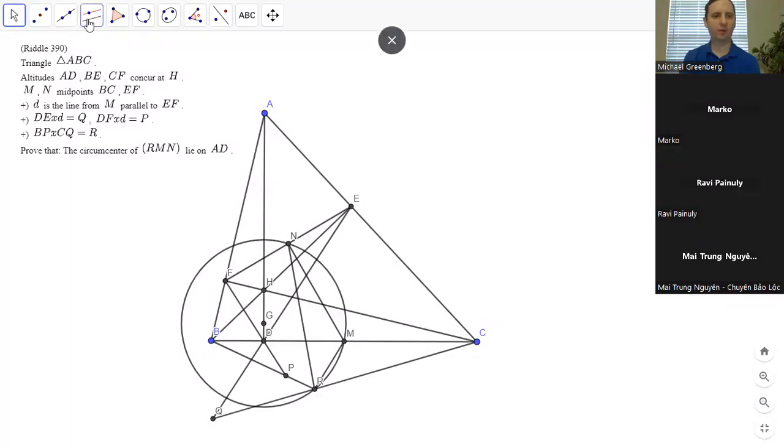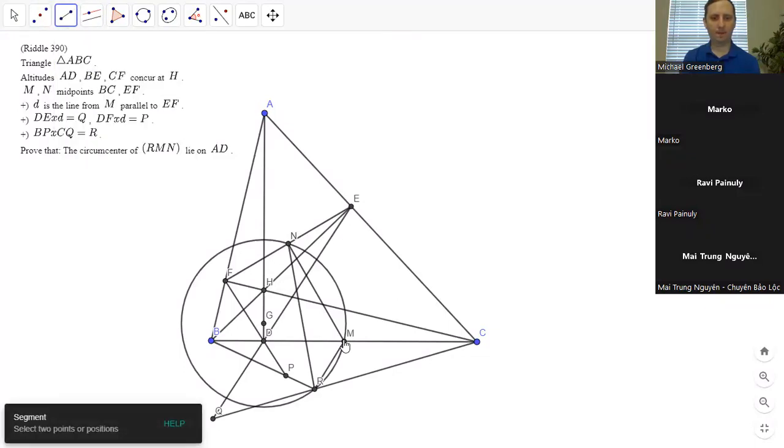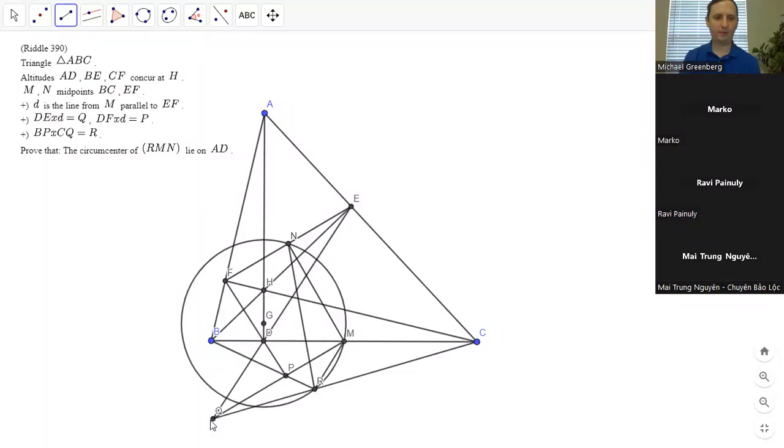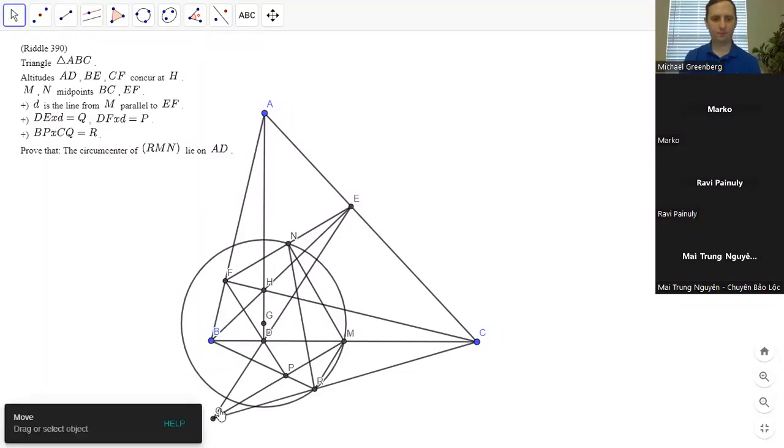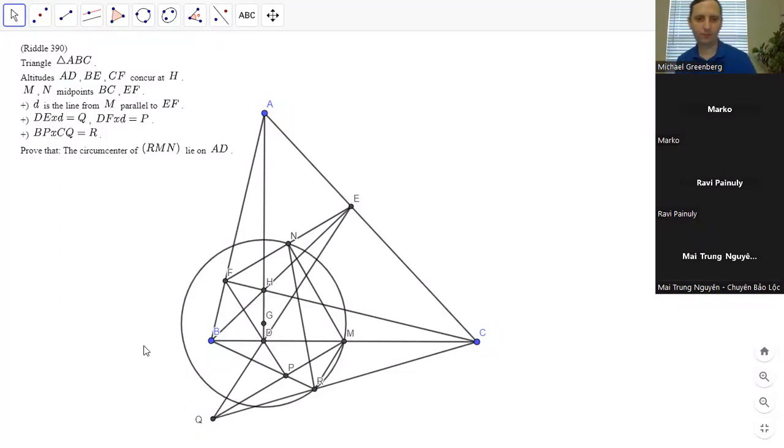That's right. So this is parallel to EF. So it's also perpendicular to MN.